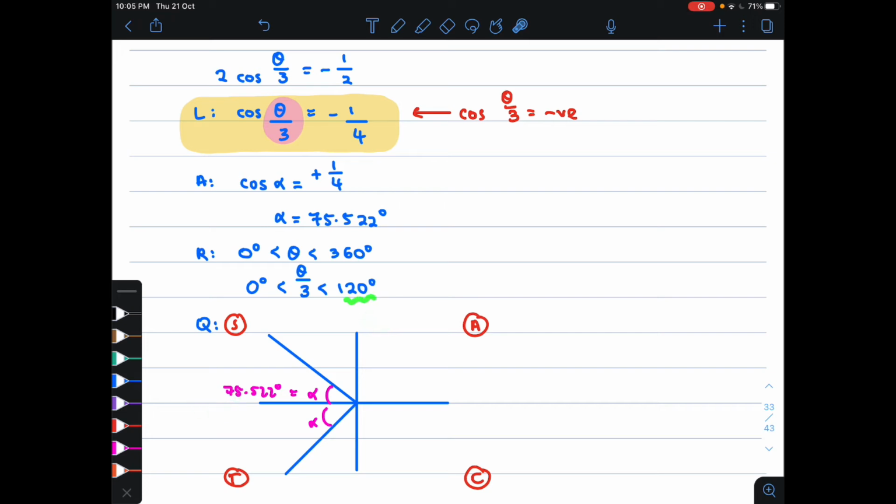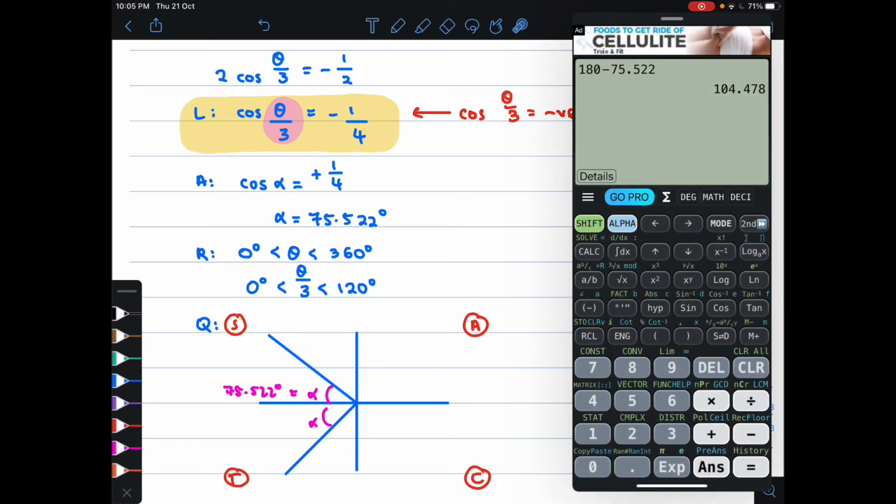So is 120 here or here? Note that for this straight line, this is 180 minus alpha, which is 104.478. So you should know that 120 degrees should be somewhere here, because this is 104 and this is 180. So 120 should be somewhere here.